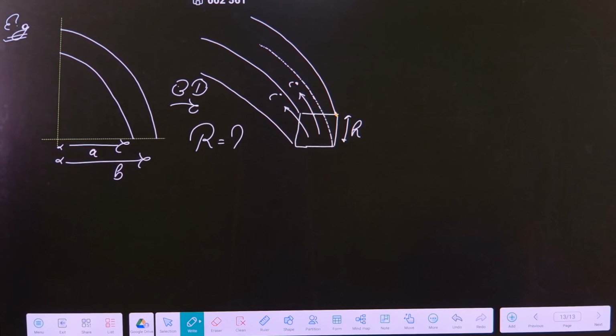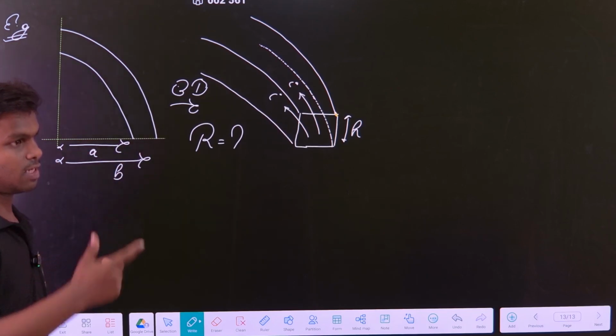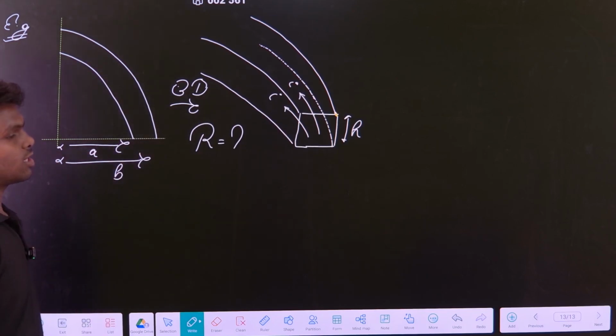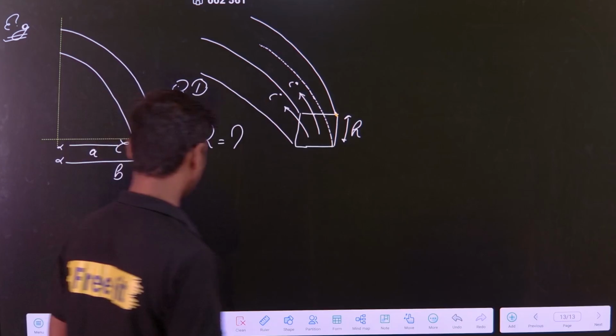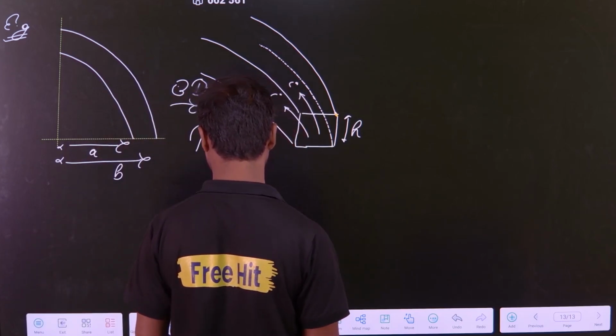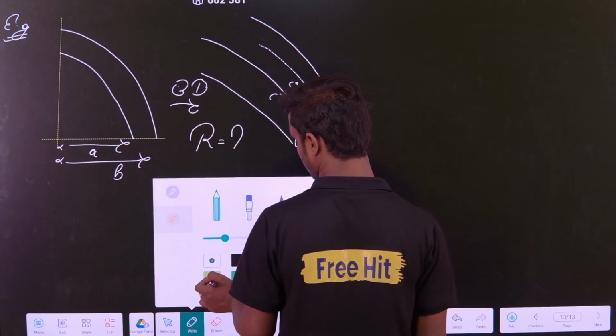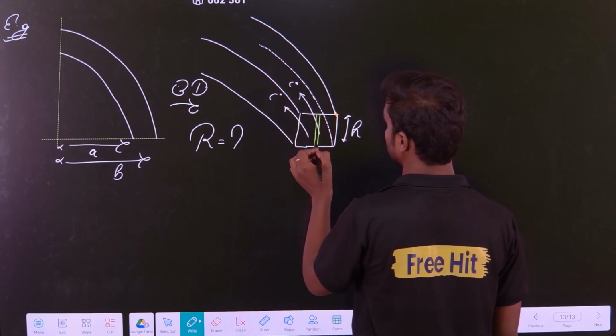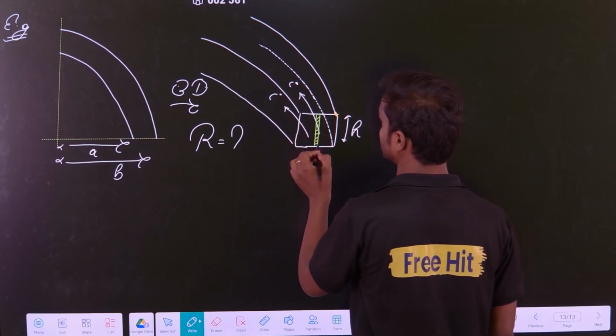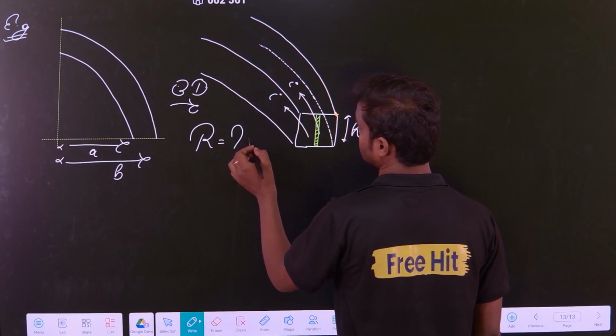Obviously here the length is changing. Length is not fixed here. Area is not changing. Here we have a length variation. Now if we have a length variation, how to do this? Basically what we are going to do, we are going to take a small strip like this from the center. Suppose this is my center.